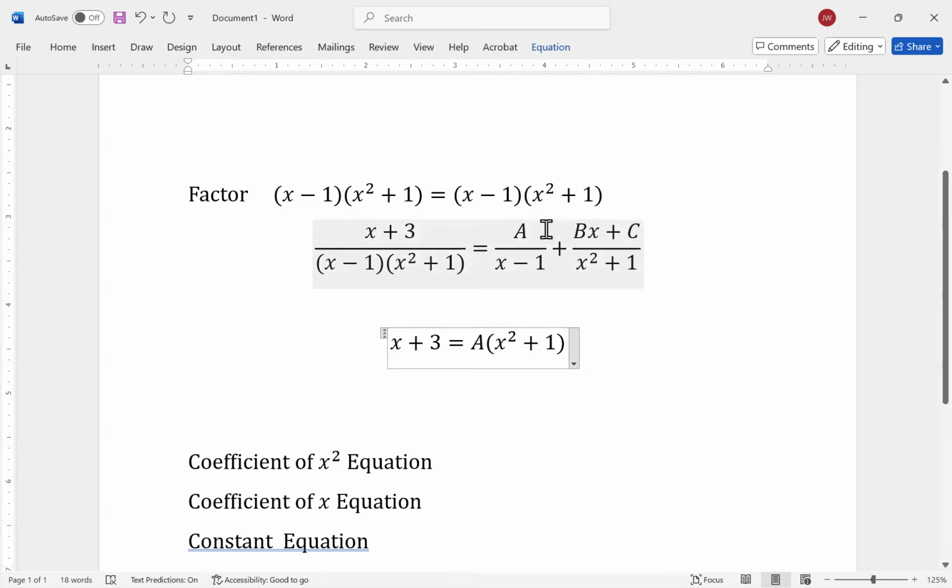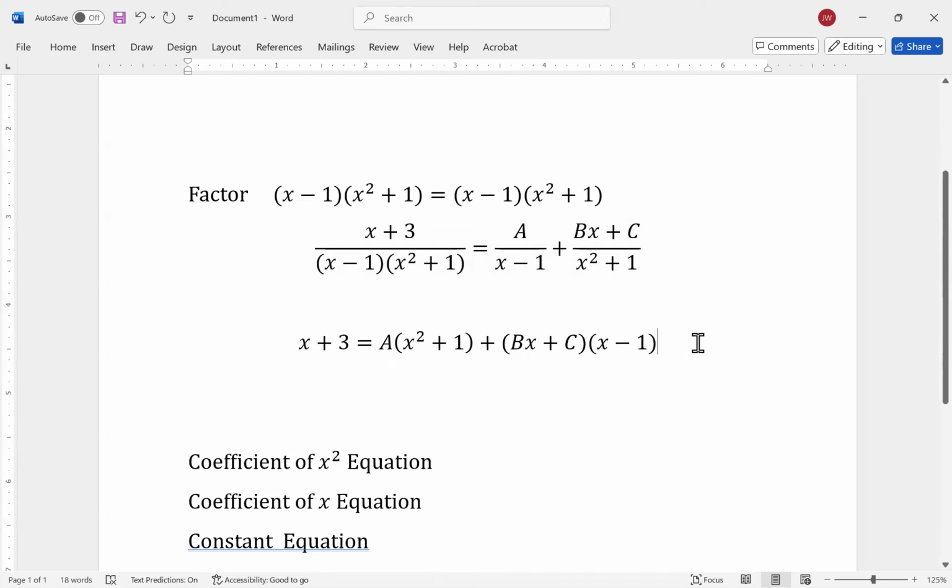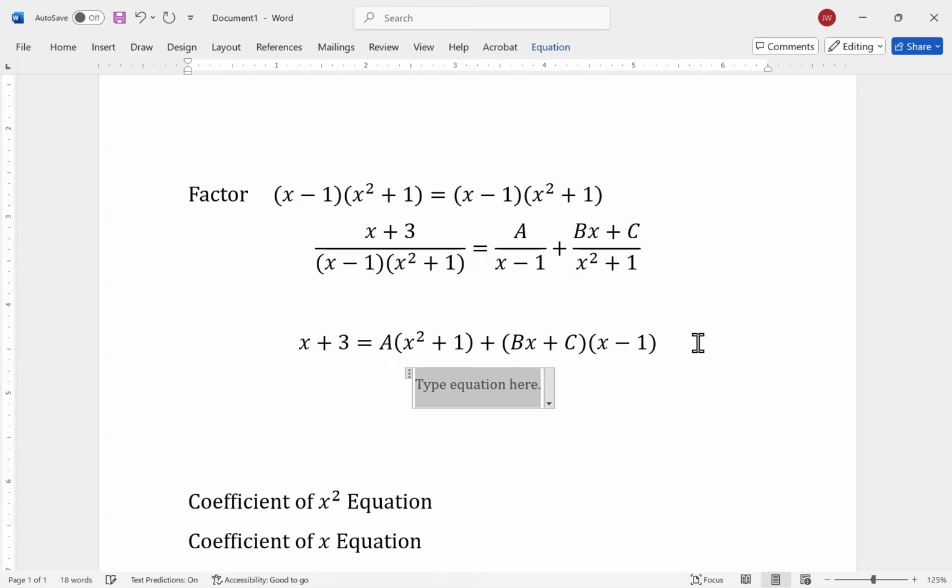And then I'd take Bx plus C, and on the top and bottom of this fraction, I'd have to multiply by x minus 1. Be careful when you do that. You have to distribute, because this is multiplying two polynomials.